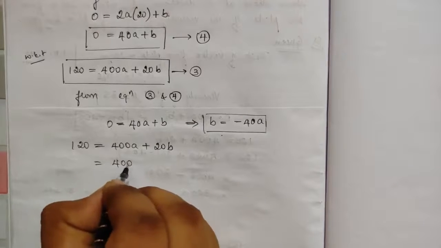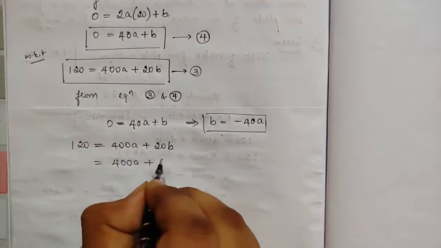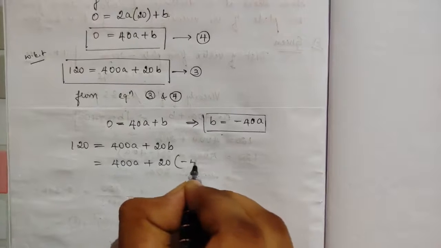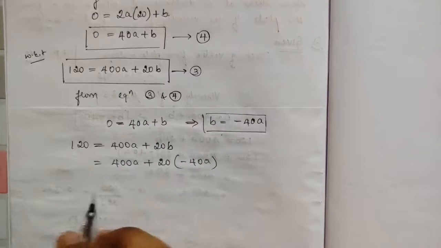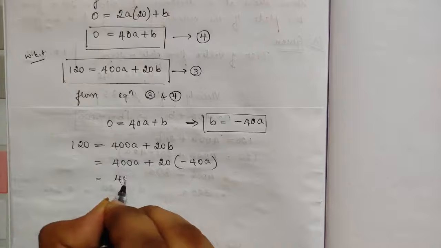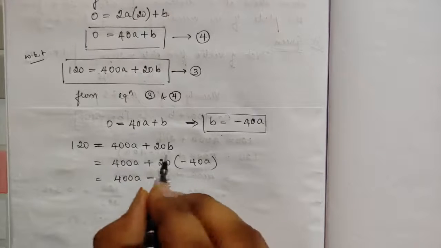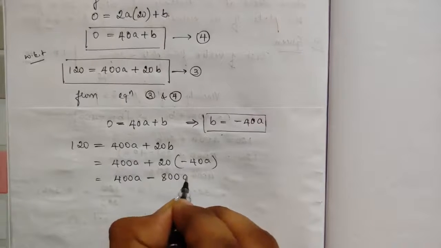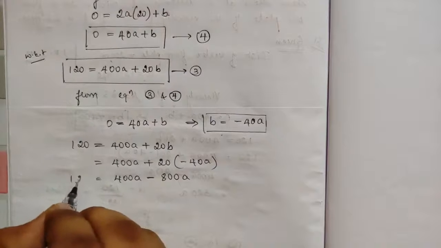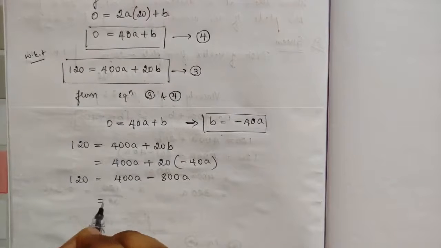So 400a plus 20 into minus 40a, 400a minus 800a, which is equal to 120.